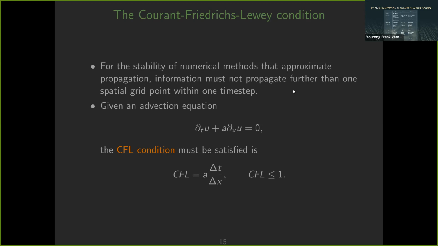And in the lab today, you'll be playing around with the CFL number to see what difference it makes to the stability of your simulation. A simple example is a 1D advection equation.